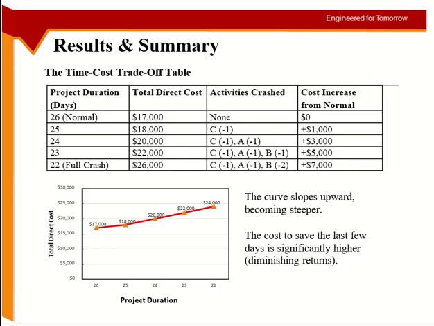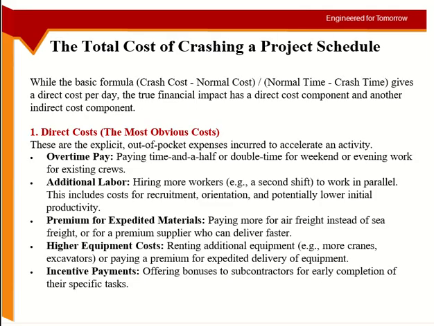Two labor for this activity, one machine for this activity, and so on. So the normal cost and the crash cost are usually taken as the direct cost. And the other name given to them is out of pocket costs.